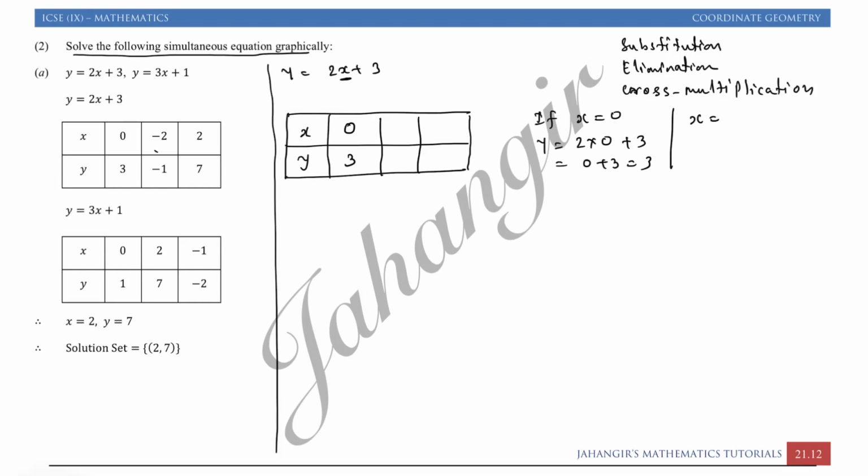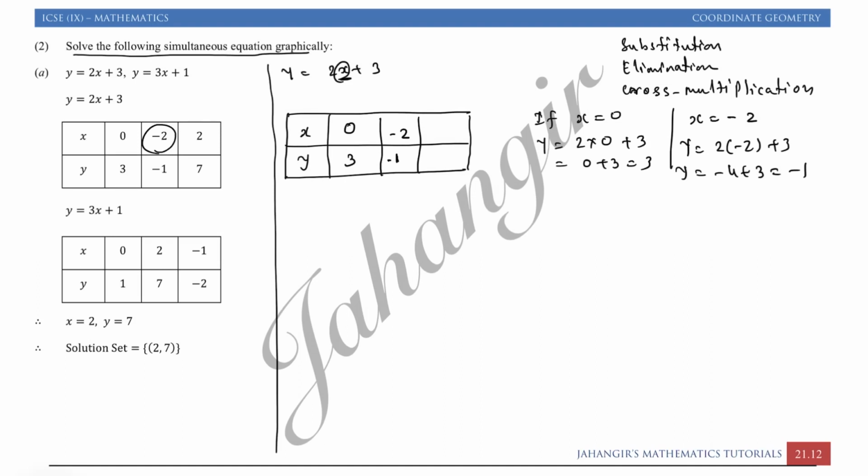See here I took -2. I will show you how I got the y value. So y is equal to 2 into -2 plus 3. So y is equal to -4 plus 3, which is equal to -1. So if I am putting -2 over here, the y value is -1. Do not make any mistake while putting values.